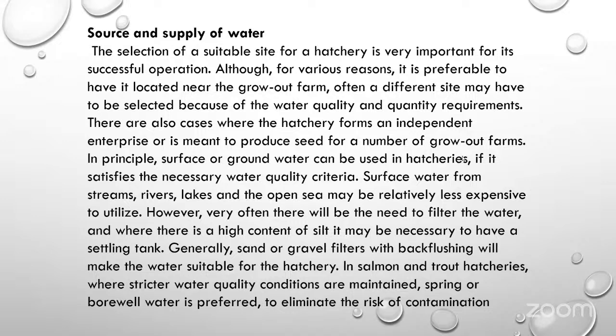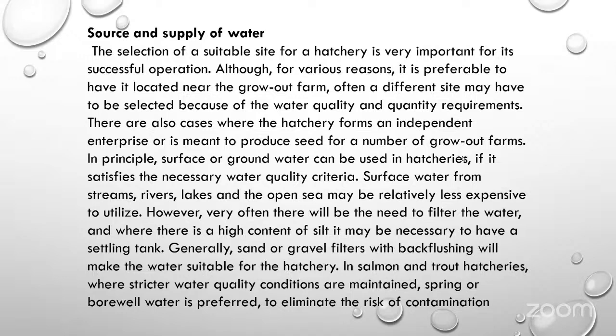Then, apart from the site, we also have to look into the source and supply of water. The selection of a suitable site for a hatchery is very important for its successful operation. Though for various reasons it is preferable to have it located near the grow out farm, often a different site may have to be selected because of the water quality and quantity requirements.